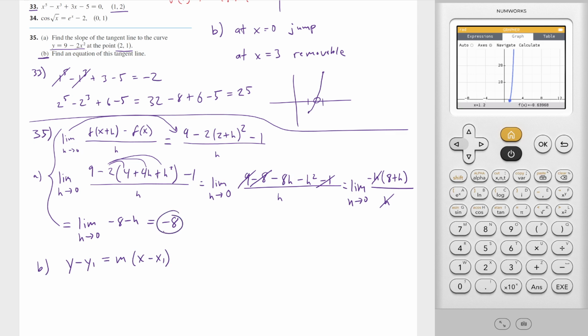Well, I know the slope is -8, so I put that in for m. And then I know that I have the x value 2 and the y value 1. And so I'm going to have y minus 1 equals -8 times x minus 2. So that is the equation of the tangent line at the point (2, 1). All right, number 35, complete.